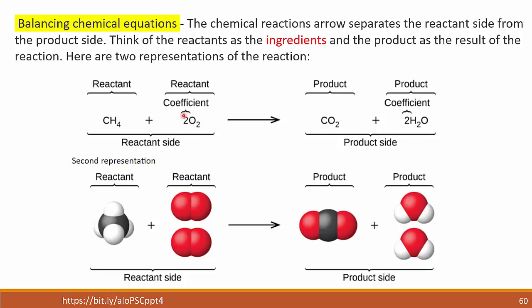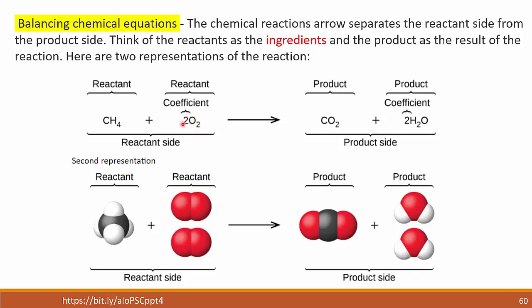Now, whenever we have a number that's not a subscript, the number preceding the chemical, in this case it is preceding this element of oxygen, this molecule of oxygen. Since it has 2 atoms, it is both an element and a molecule.